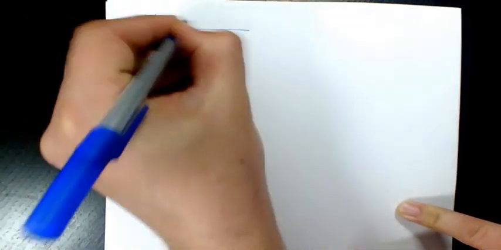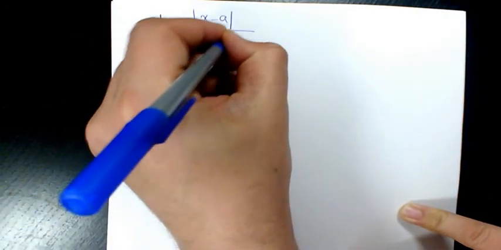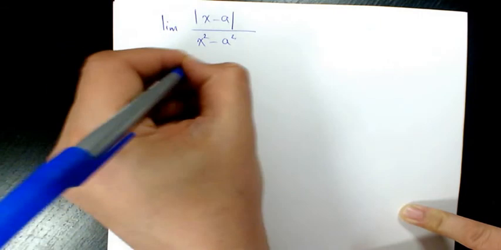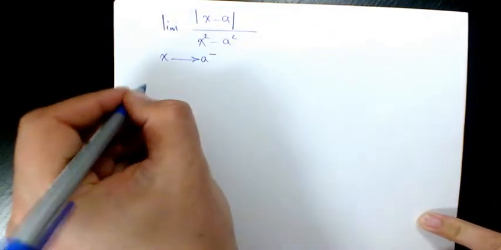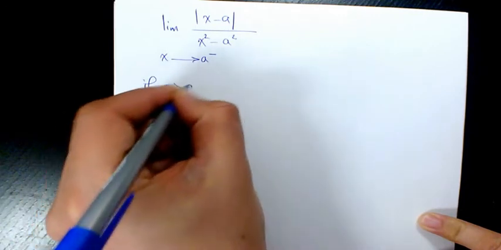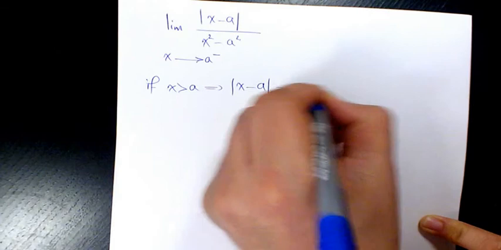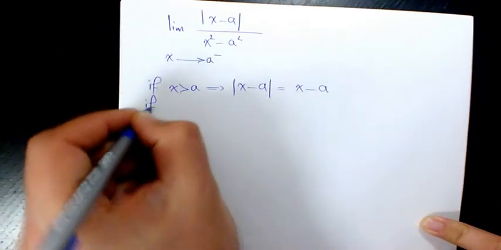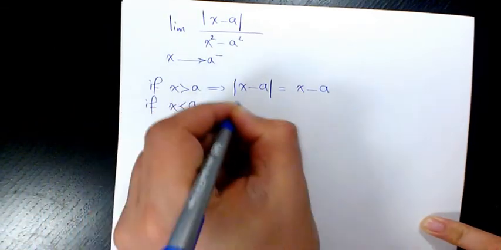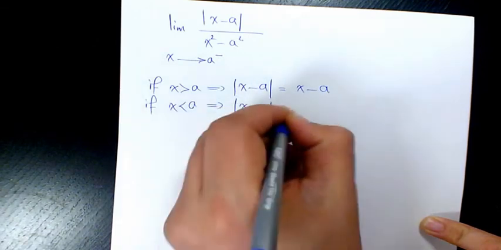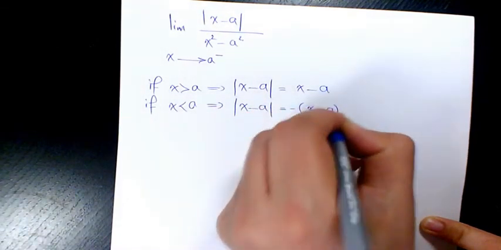Next example is the limit of the absolute value of x minus a over x squared minus a squared when x is approaching a minus. We know if x is greater than a, the absolute value of x minus a equals x minus a. If x is less than a, the absolute value of x minus a will be negative times x minus a.